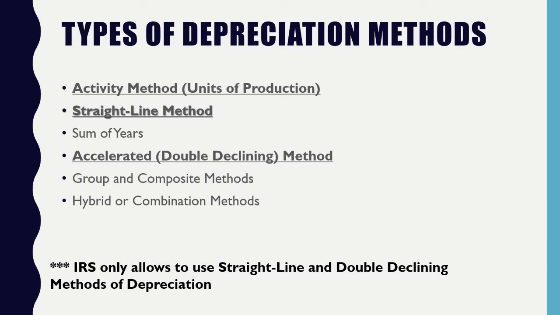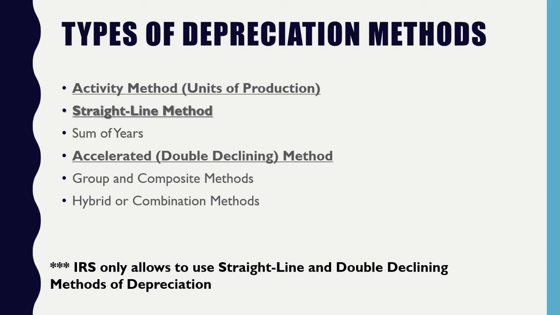Where straight line is going to be the most common one that you'll ever see, and it's the one that most corporations use, because it is the easiest way to calculate, it is also the quickest way, and it also doesn't leave much room for fraud.